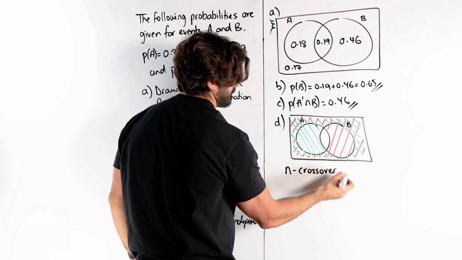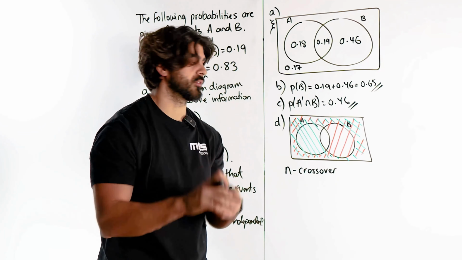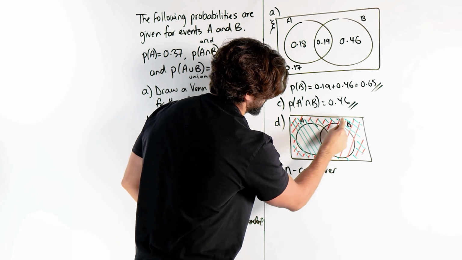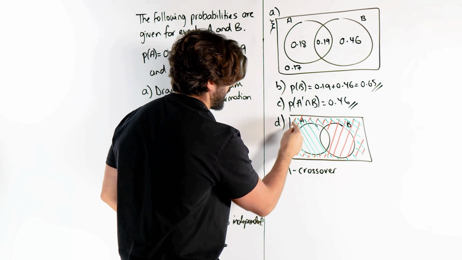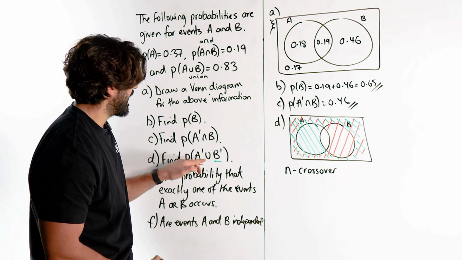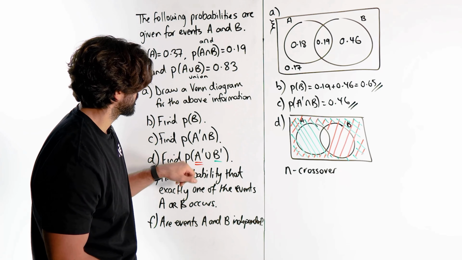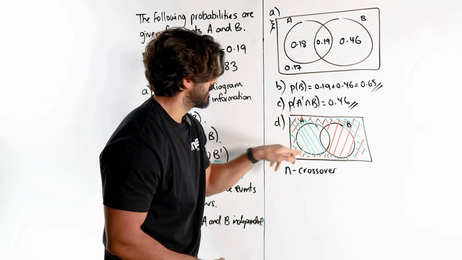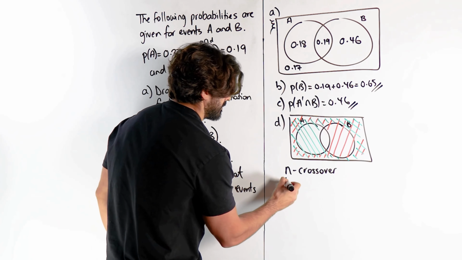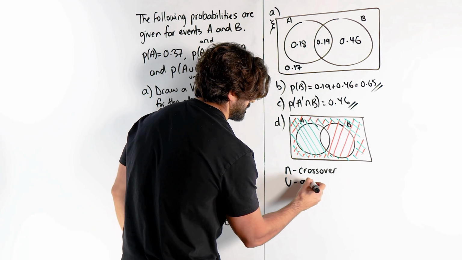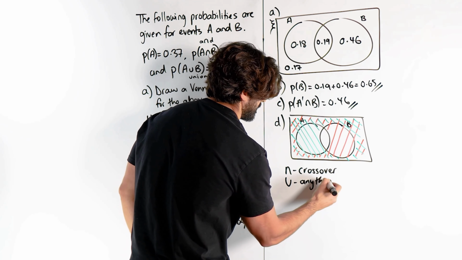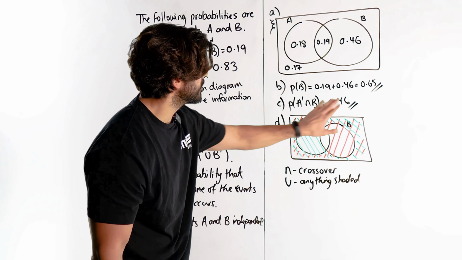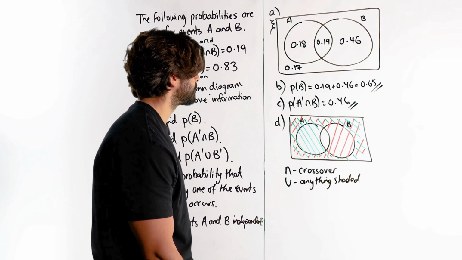Can you see where the green and the red cross over? It's all on the outside. That would be not A and not B. So like this one, not A and not B would have been the outside. But if it's an OR statement, it's anything shaded. Which in this case is everything except for the middle.